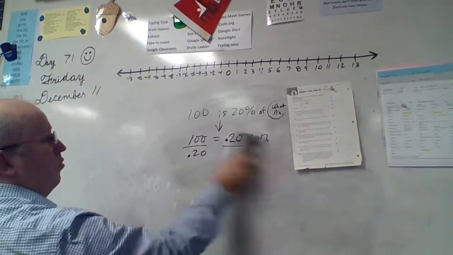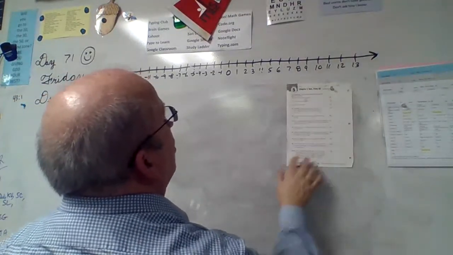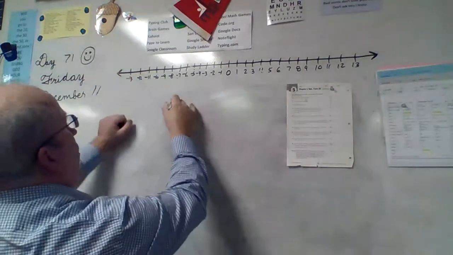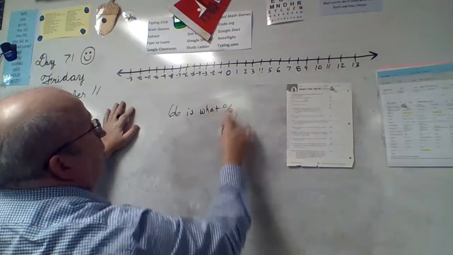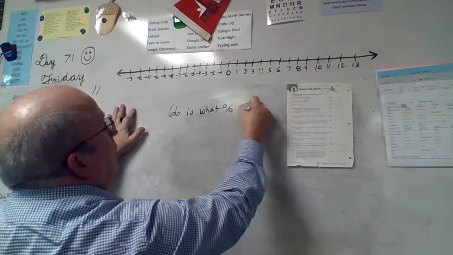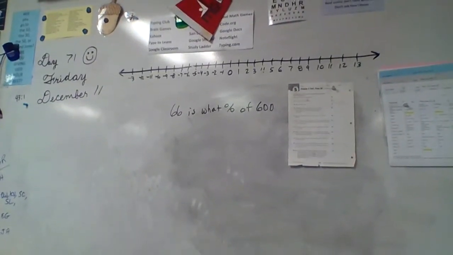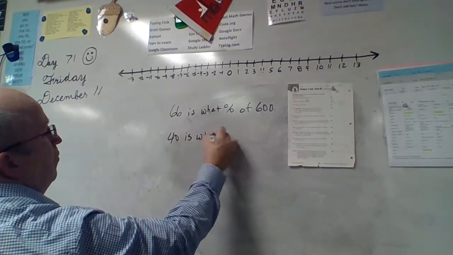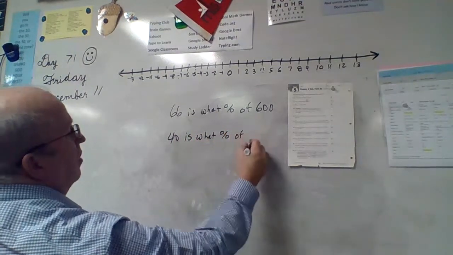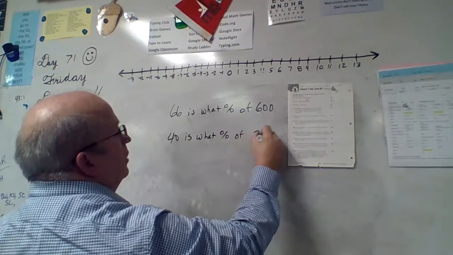How about the next one, where they're dealing with finding a percent? Remember, that's a little bit tricky, because when you find that percent value, first of all, it's going to be in decimal form, and we're going to have to change it out of that decimal form. I'm going to do one similar. I'm not going to do the exact problem. 40 is what percent of, how about 200?